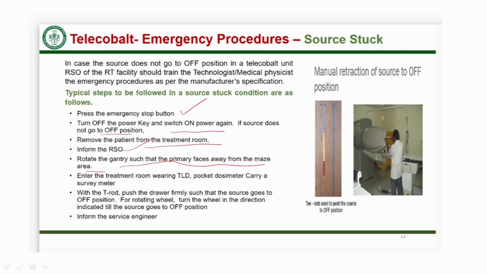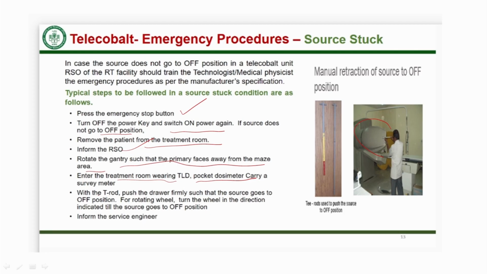And then enter the treatment room wearing a TLD badge. It is very mandatory, with a pocket dosimeter, carrying a survey meter. I explained that the pocket dosimeter gives the immediate response, immediate radiation level, and a survey meter.